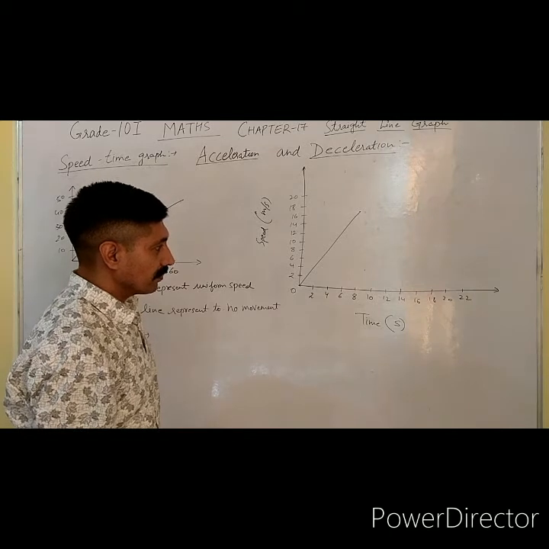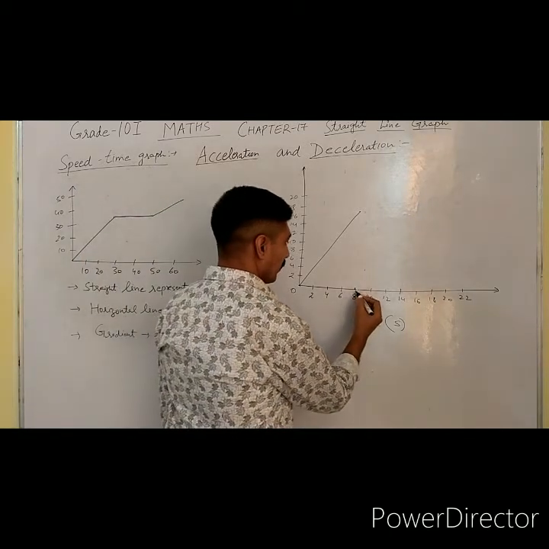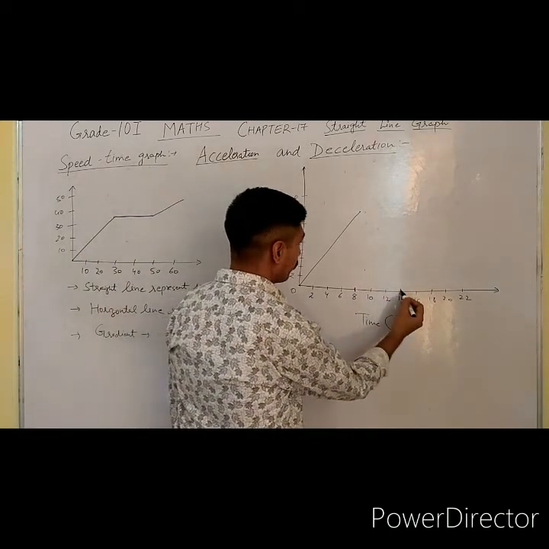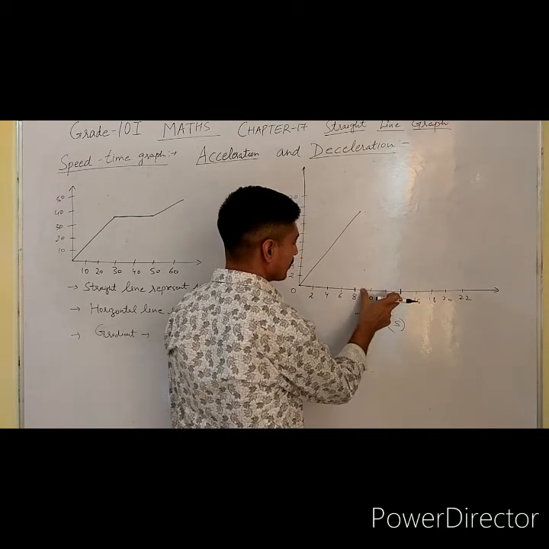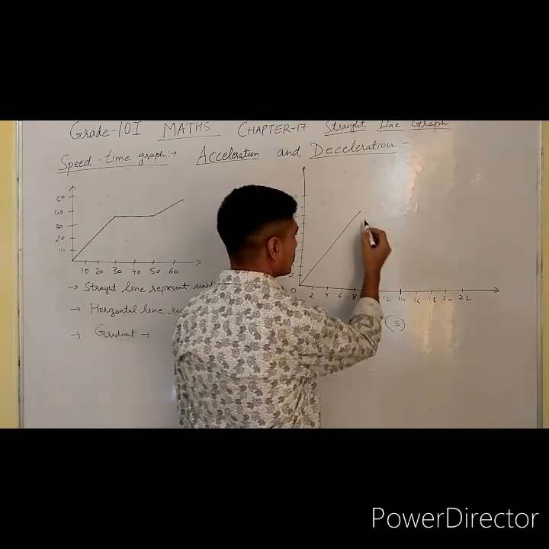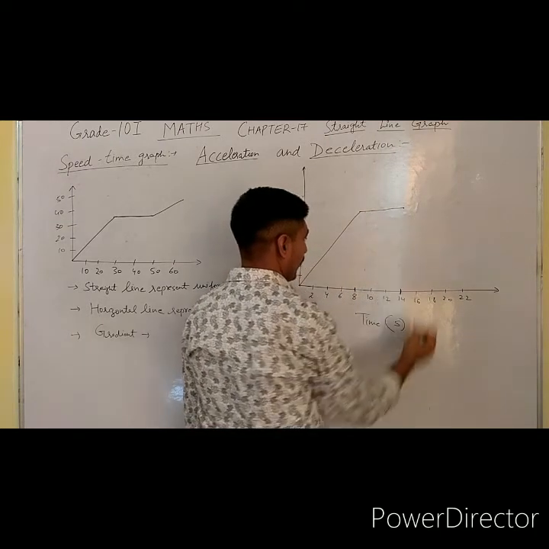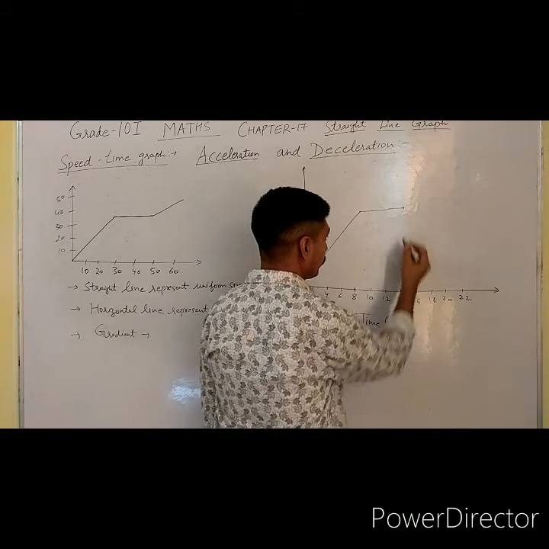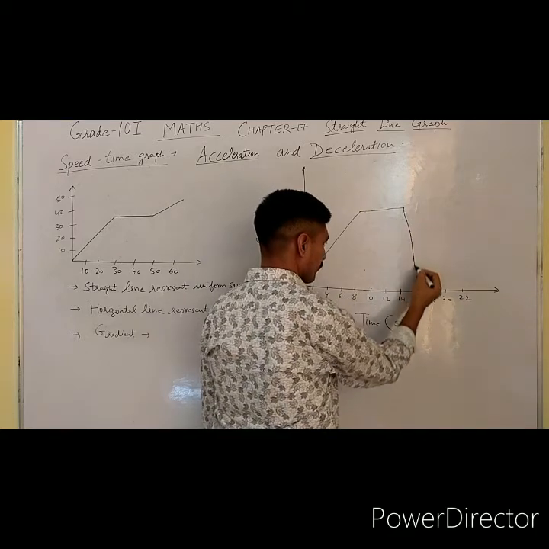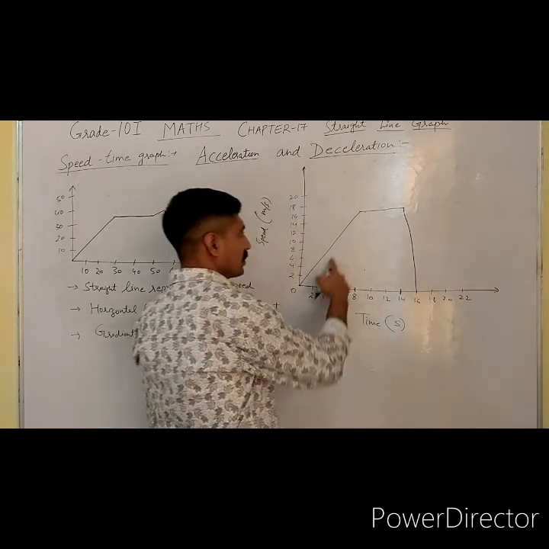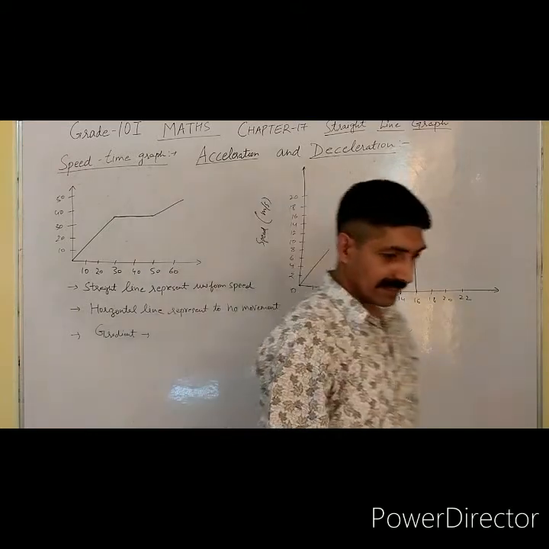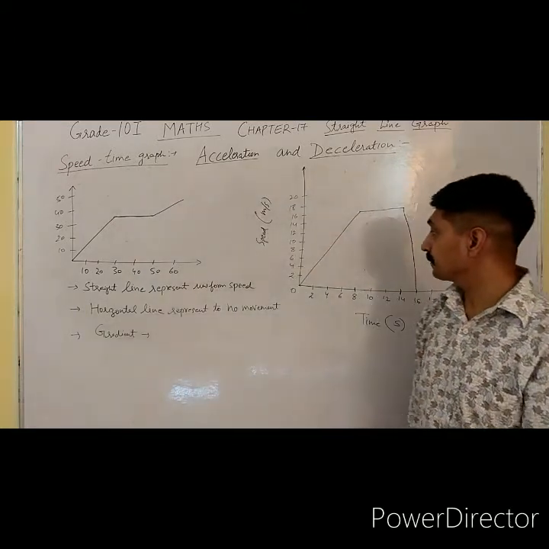And for 8 to 14 seconds, this duration, and from 14 to 16, these straight lines represent the uniform speed.